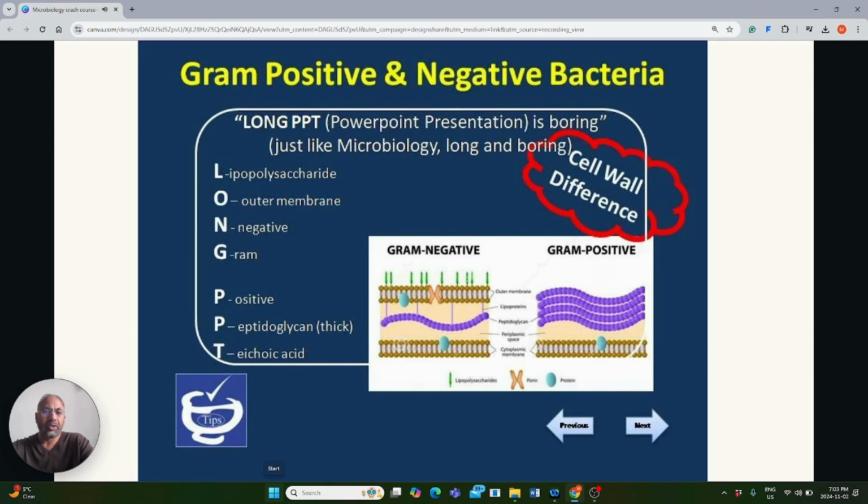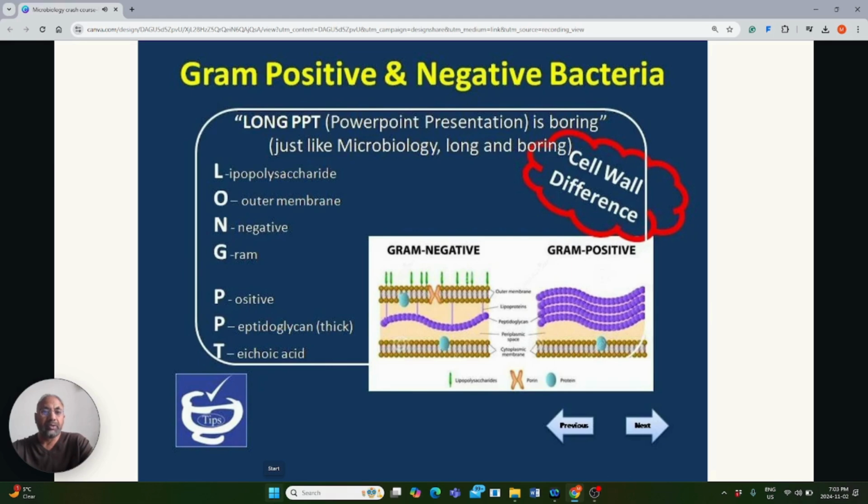Okay, so gram-negative bacteria contain an outer membrane which contains lipopolysaccharide, whereas the gram-positive bacteria contain a thick peptidoglycan layer in their outer membrane along with teichoic acid. So that is the LONG mnemonic: lipopolysaccharide, outer membrane, negative and gram negative.